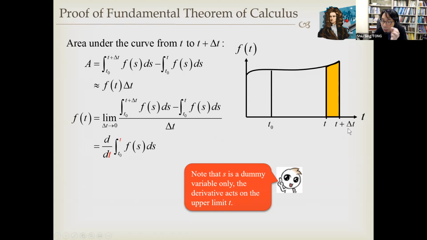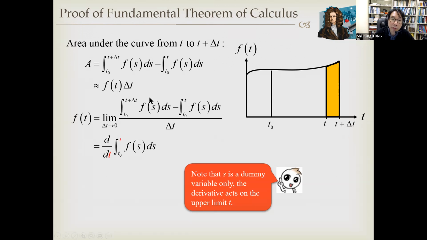And if my delta t is sufficiently small, imagine now my delta t gets smaller and smaller. In that case, I can replace this area by the area of a rectangular strip, which is the value of the function f here, multiplied by delta t. Is that right?